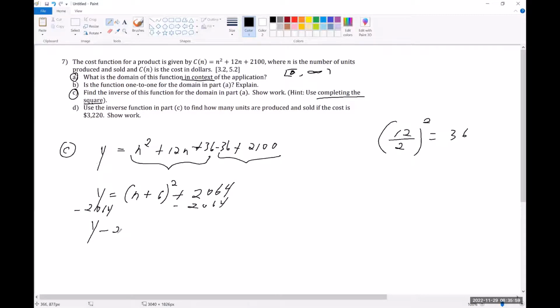So y minus 2064 is equal to n plus 6 squared. Take the square root of both sides. It's a fairly long process, but you're totally capable of doing this.